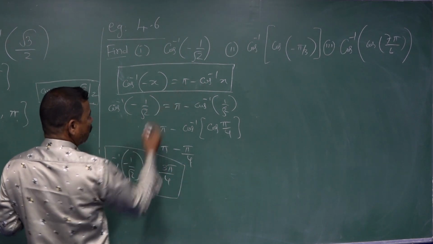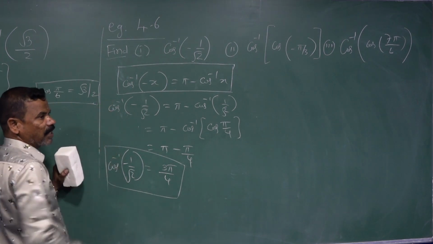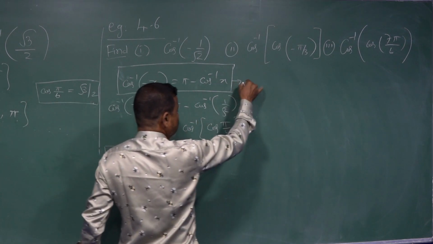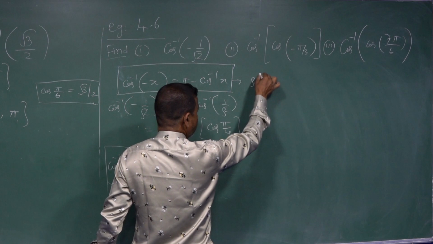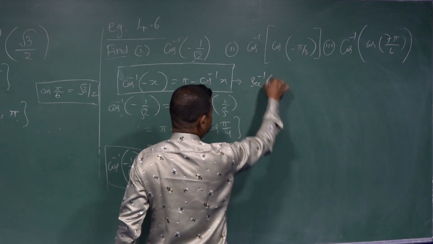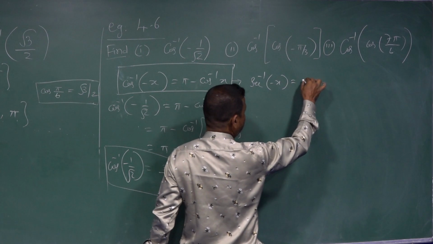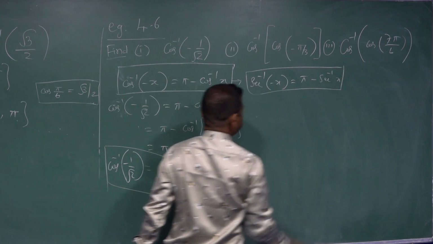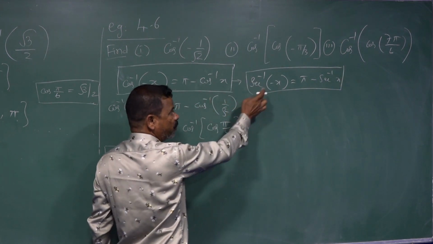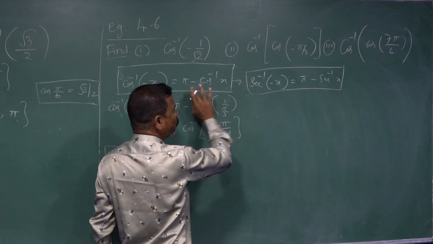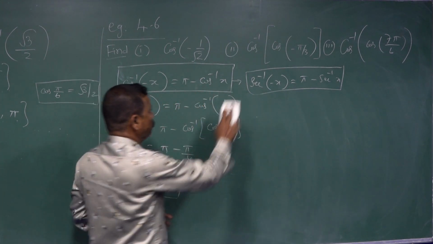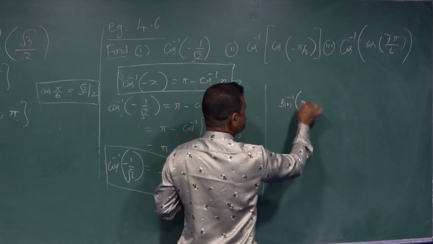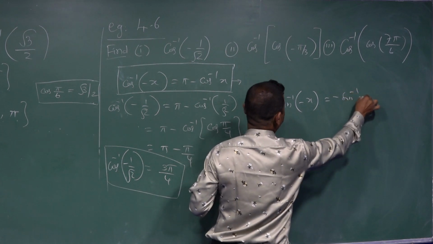You remember this formula, cos inverse minus x. For sin inverse of minus x, it is directly minus sin inverse x. Another case, in this formula, according to its opposite, sec inverse minus x also, if given, is π minus sec inverse x. This is also the right formula. Once again I tell: sin inverse of minus x is minus sin inverse x.